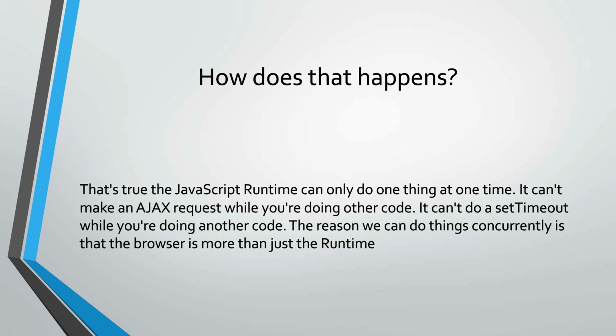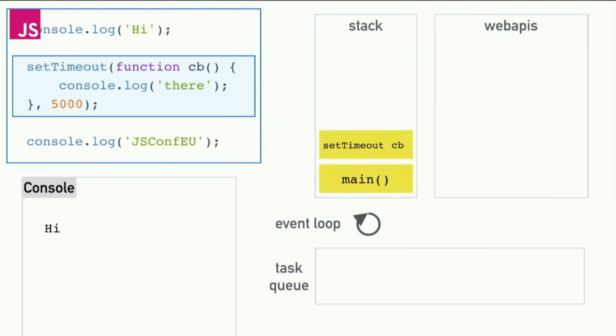This is because the JavaScript runtime can only do one thing at a time, but it can make an AJAX request while you're running other code, and you can set a timer while you're running other code. The reason we can do things concurrently is because the browser is more than just the runtime. In this example we run the setTimeout function and this other function, and we run the timer using web APIs.